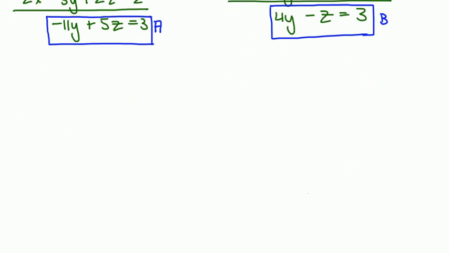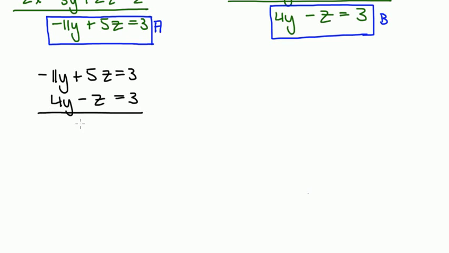Now really we're just doing the same thing again. We take these two equations: minus 11y plus 5z is equal to 3, and 4y minus z is equal to 3. We want to find one of the variables first, so we need to cancel the other one. For this part, I'm going to multiply the bottom line by 5 because I want to cancel the z's.